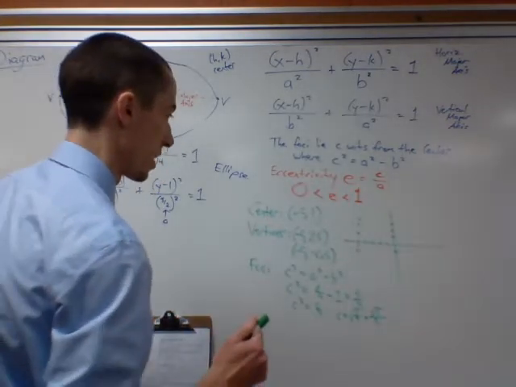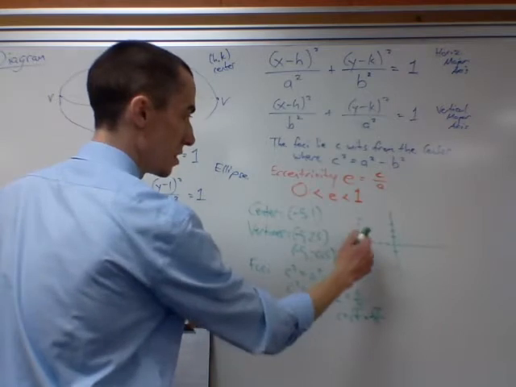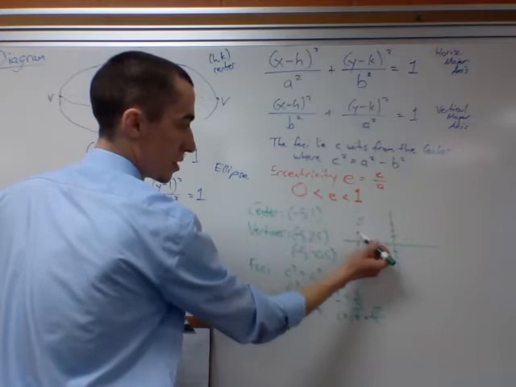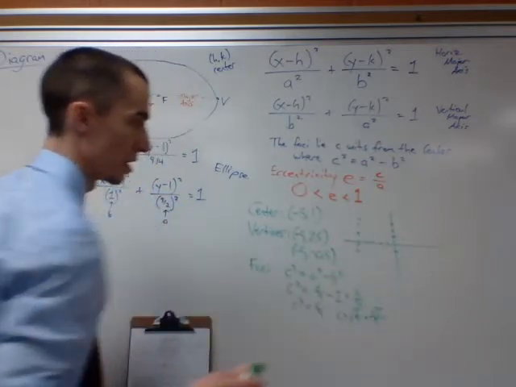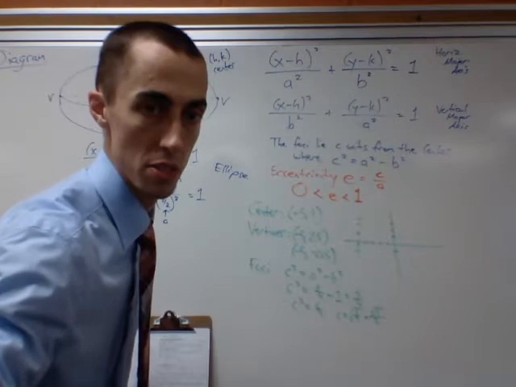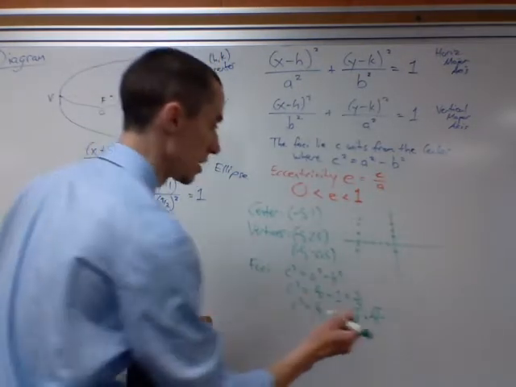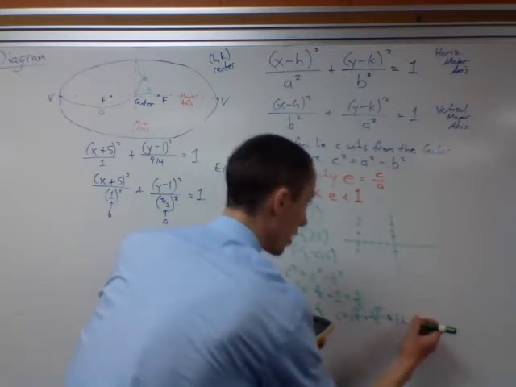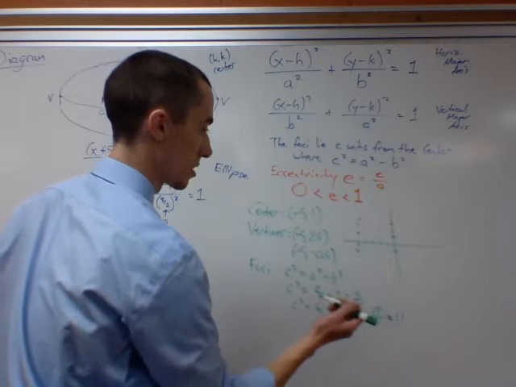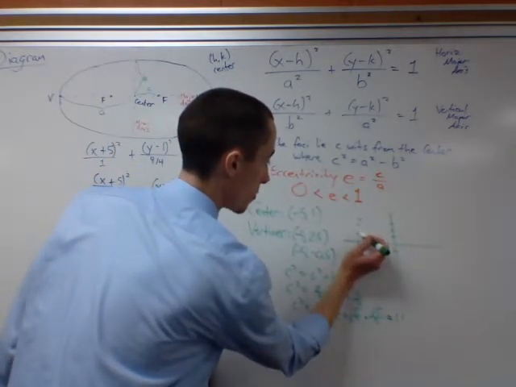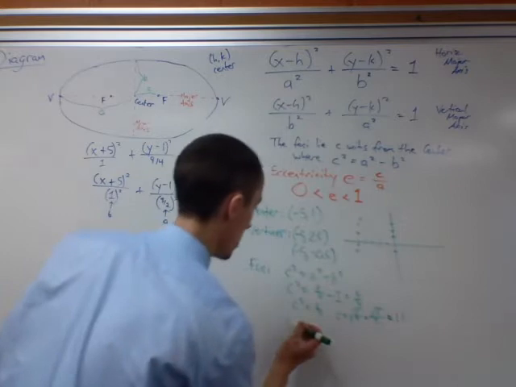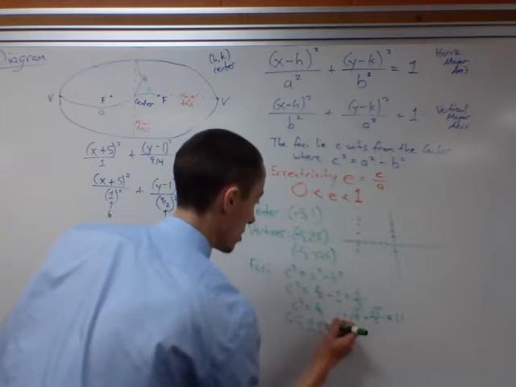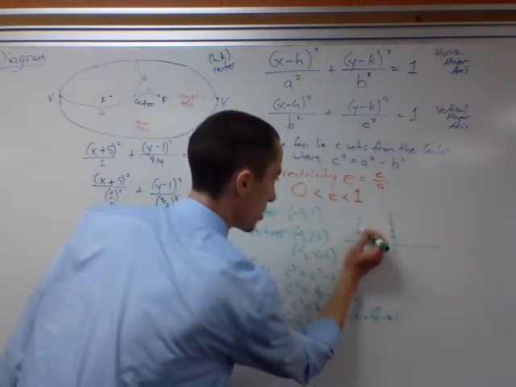All right, so then to find the foci, we're going to need to go up root 5 over 2 units from the center and down that many units. Let me pause here just for a moment to grab a calculator. Root 5 divided by 2 is approximately 1.1. And so we would need to go up 1.1 units from the center, and that would get us approximately y value of 2.2.